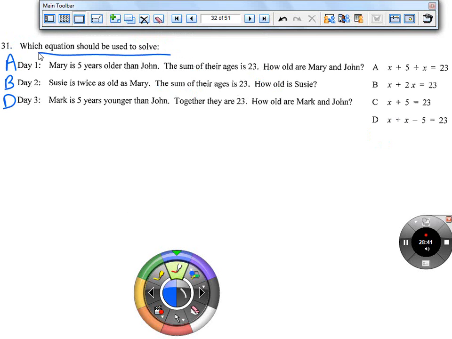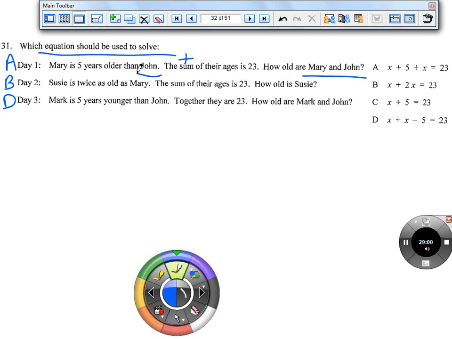This one's a good one. It's a challenging one for most people. So we want to try to write an equation to figure out the ages of Mary and John. We know that Mary's 5 years older than John, and the sum of their ages is 23. You have to know that a sum is adding, and that it equals 23 there.